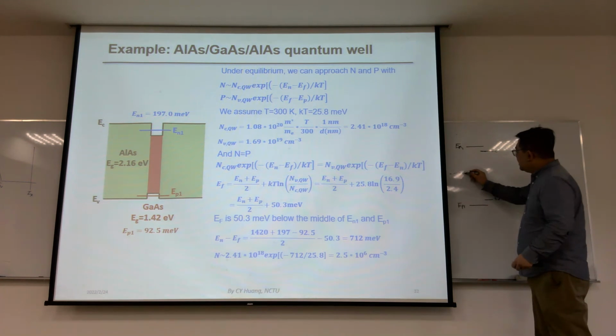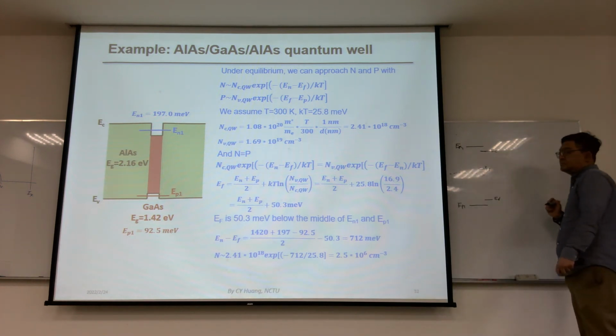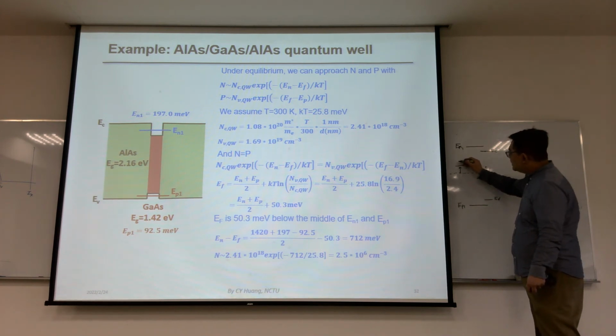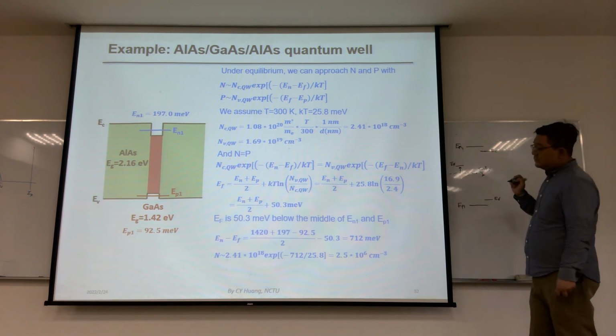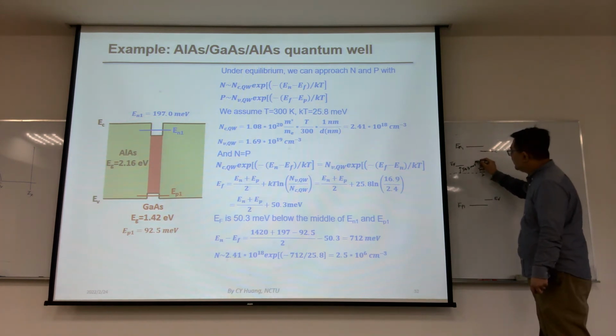This is the middle of half of N plus P. And it's above that. This is your final Fermi level. And this distance is 50.3 meV. Alright?